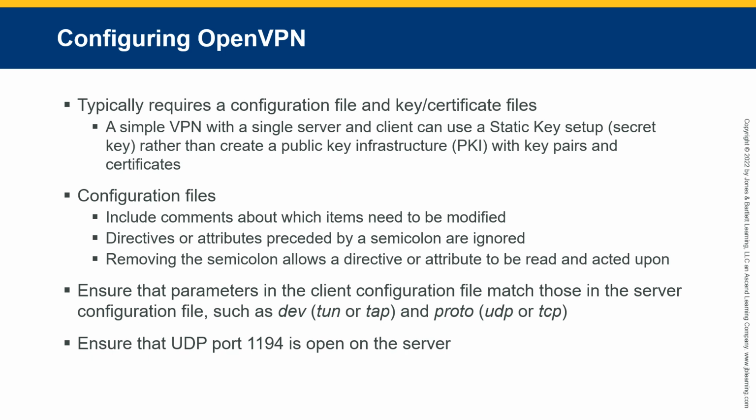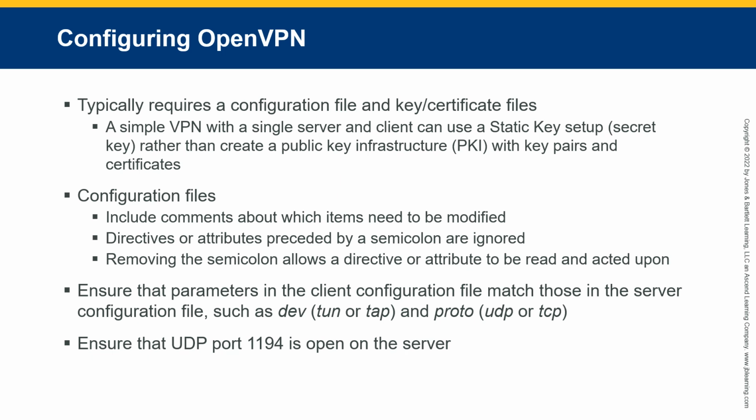Here you would just put a semicolon, and that basically does a REM statement for a remark to make it a comment so it's not executable. And then if you remove the semicolon from a directive, then that attribute or directive gets executed when the configuration file is read by the application.